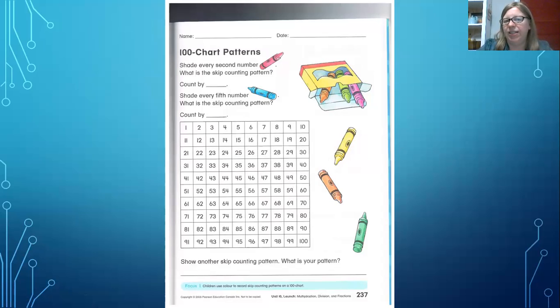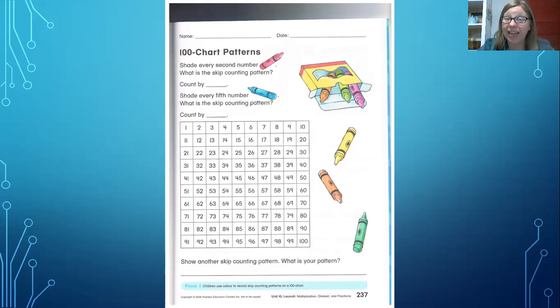They've given a suggestion of red. Choose one color to shade every second number red. What is the skip counting pattern? They're asking, if you're counting every second number, what are you counting by?